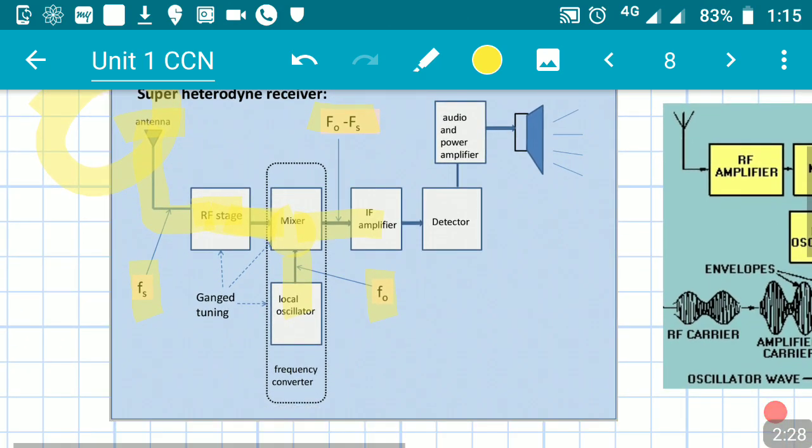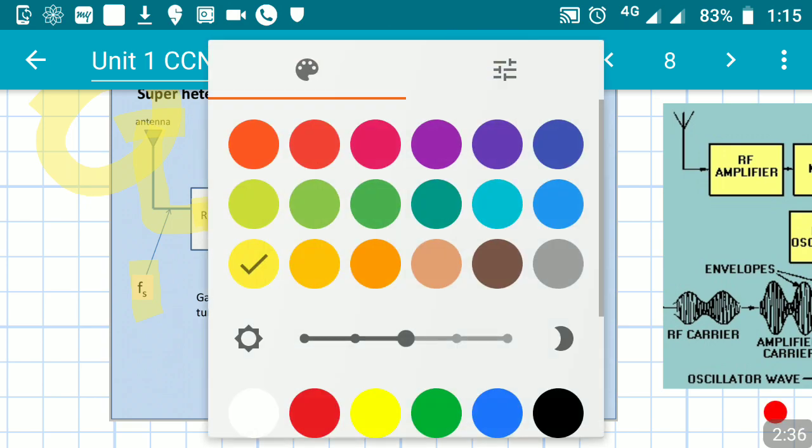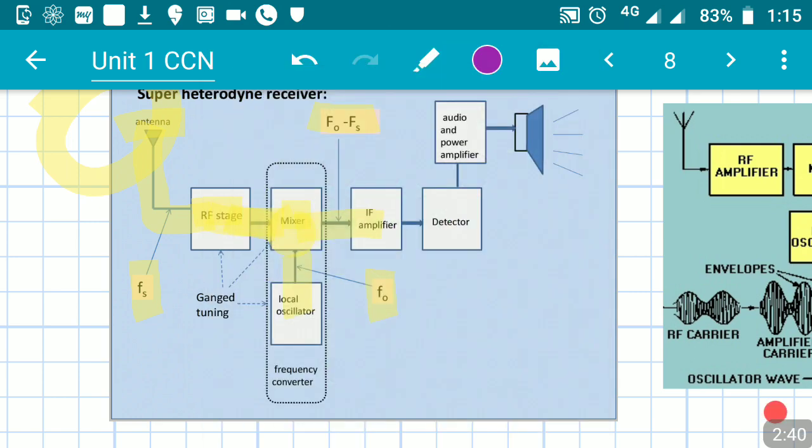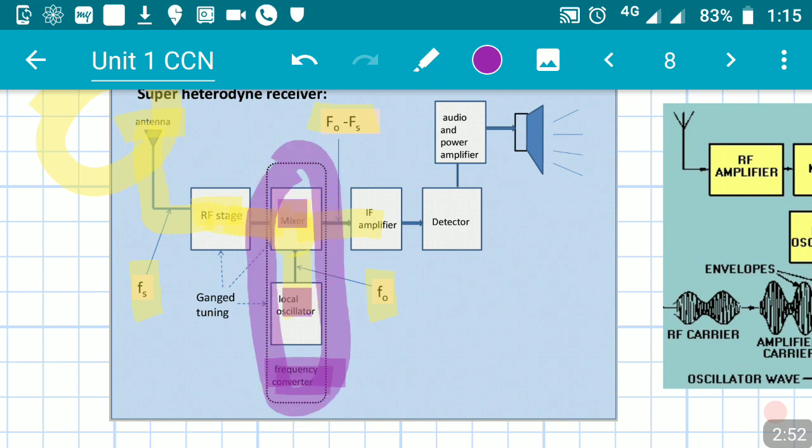One more thing to give importance to is the mixer. The mixer and the local oscillator, both put together, are called frequency converters. What is their main function?